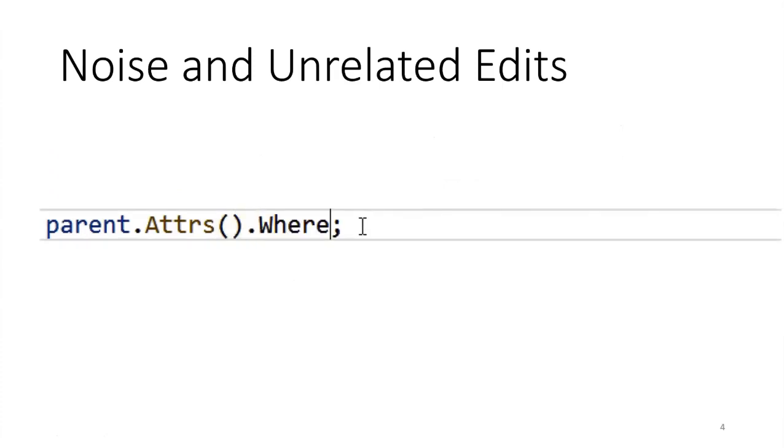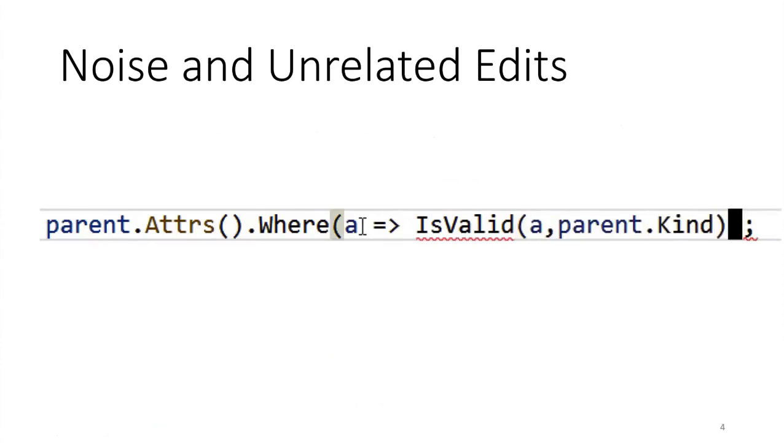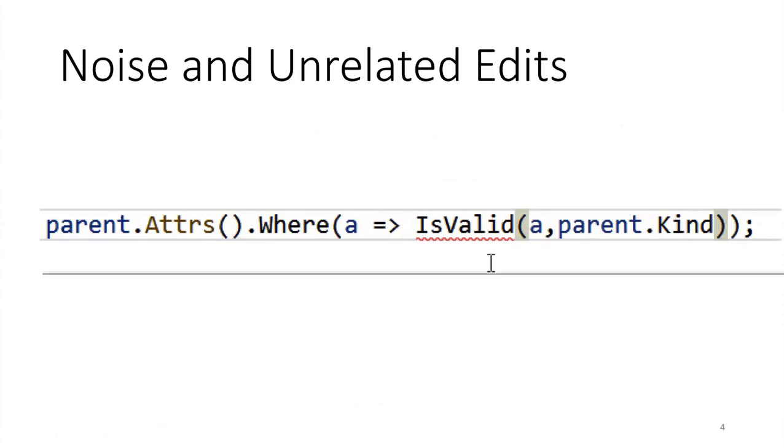For instance, here the developer is making this change in the first location. Then the developer goes to a different location and applies a second change. It's related, but it's not a repetitive change.